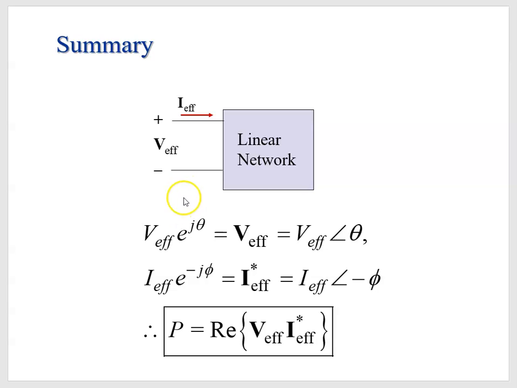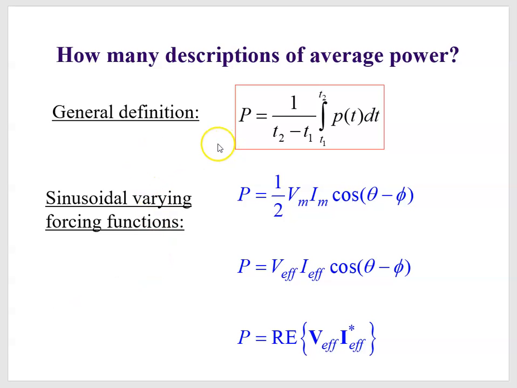So in summary, if we have a defined voltage phasor and current phasor driving a linear network, the real power, we can say then, is the real part of the voltage phasor times the complex conjugate of the current phasor. This is a new way for us to calculate our average power, or our real power. We started out with a general definition of average power in terms of the integral of the power over a time interval and dividing out the time interval.